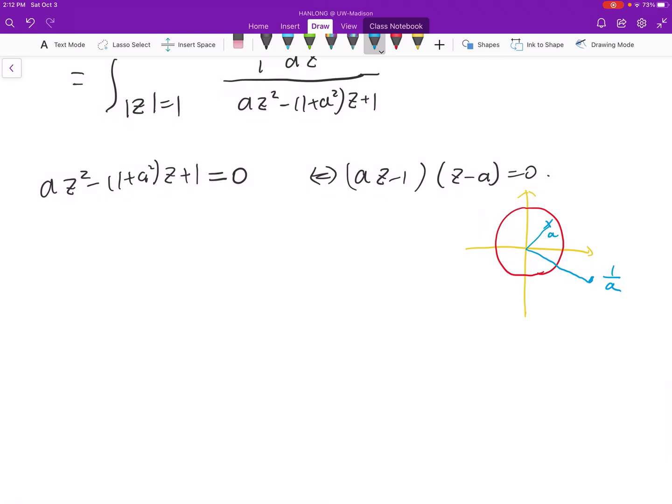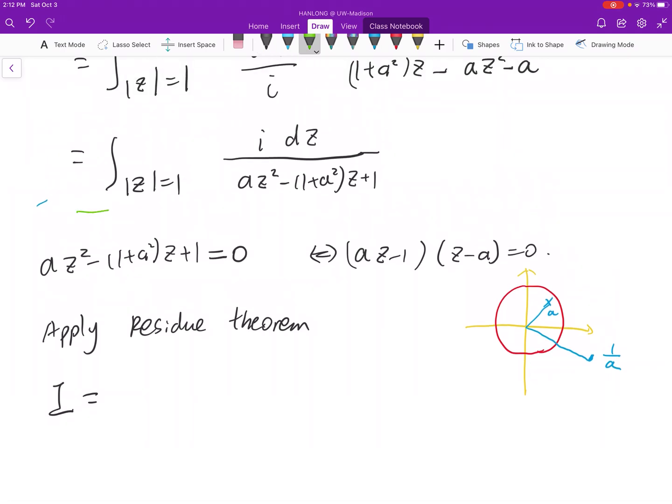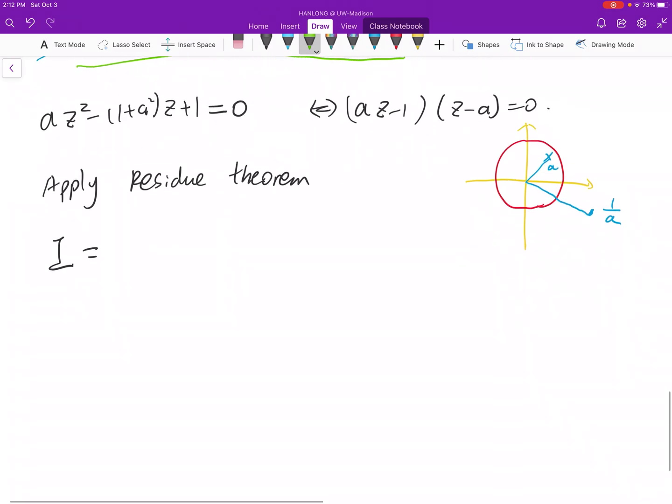It's just from the complex multiplication. Okay, next we can apply the residue theorem. So I equals 2 pi i times the residue.